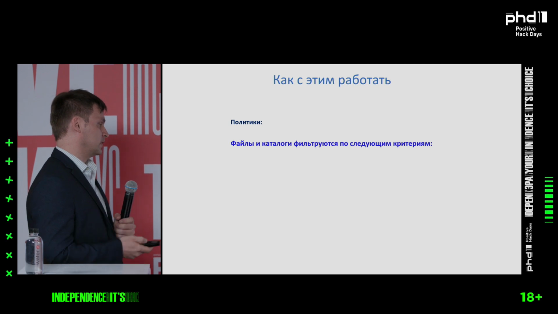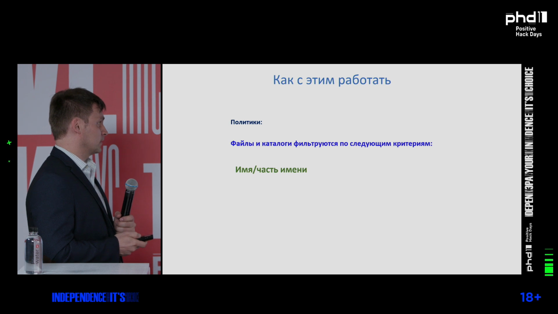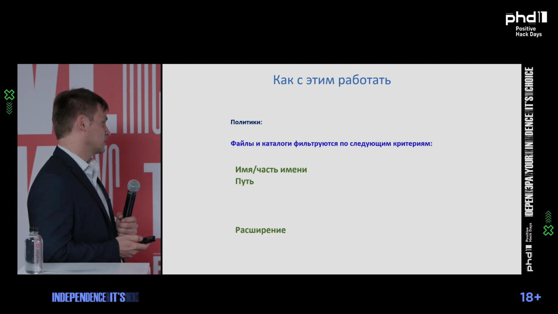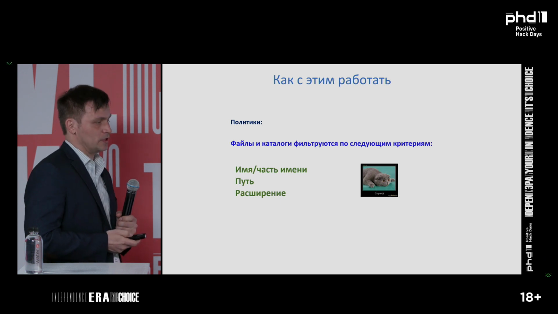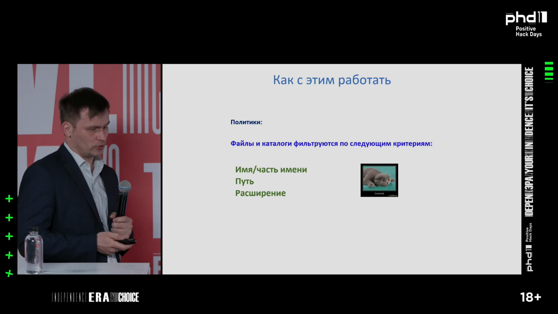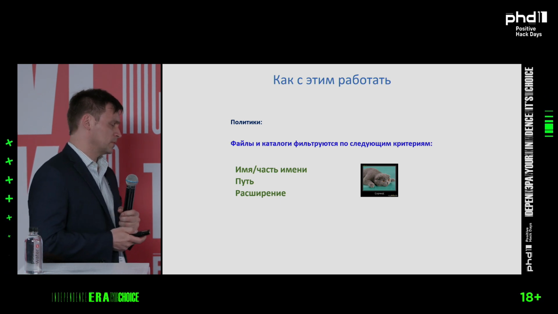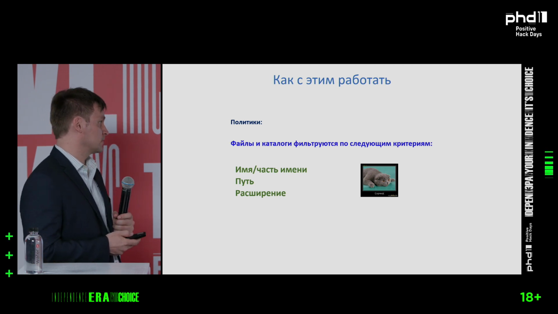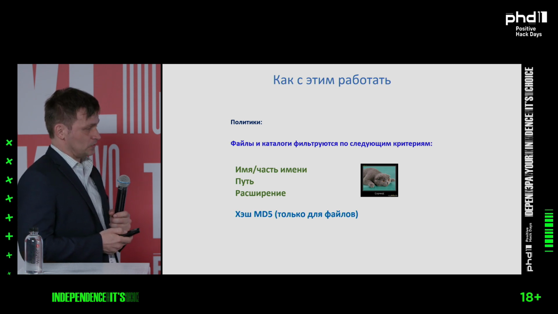We handled the viruses, we handled bad USB drives, but how do we filter the files? And what policies do we use here? Simple policies can filter by name or part of the name, the catalog, the path, or the extension. But these are not that interesting for hackers. Hackers can easily bypass such limitations. So these policies are helpful for admins to manage things more easily.